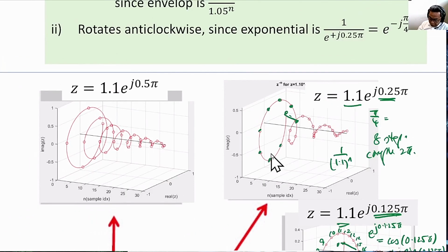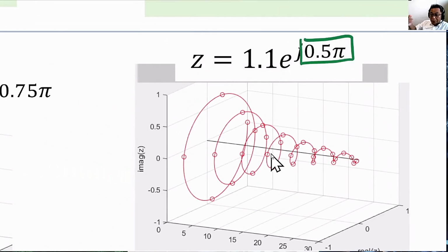If you continue with this idea, 1.1 e to the j half pi is even faster. At every step, it is rotating by pi over 2. So here, here, here, here, and so on and so forth.